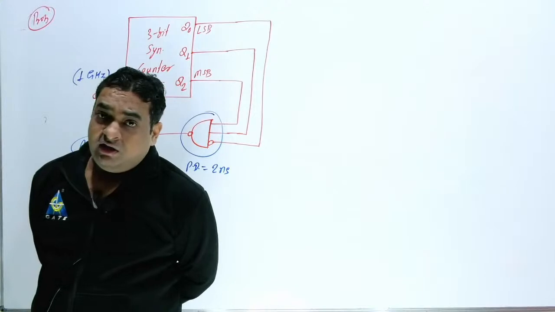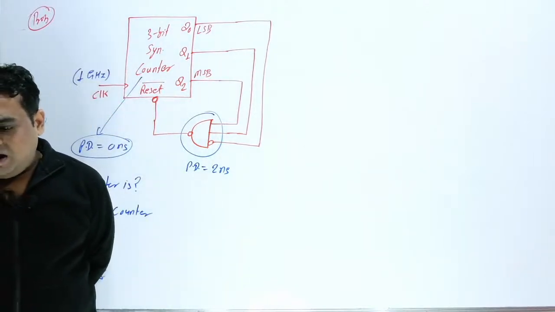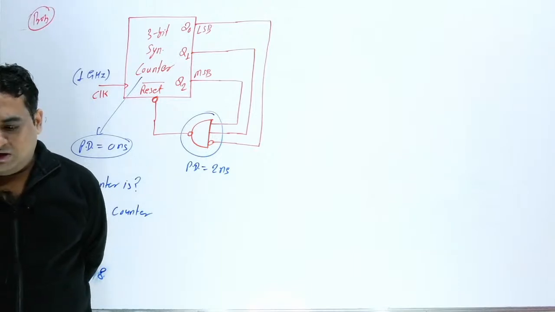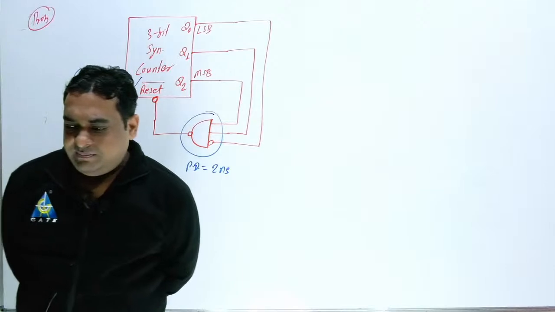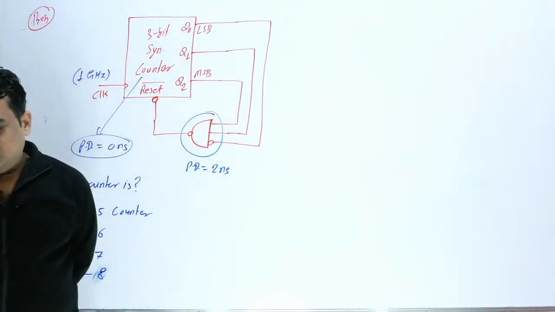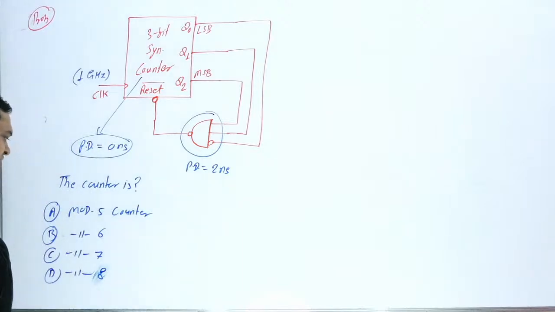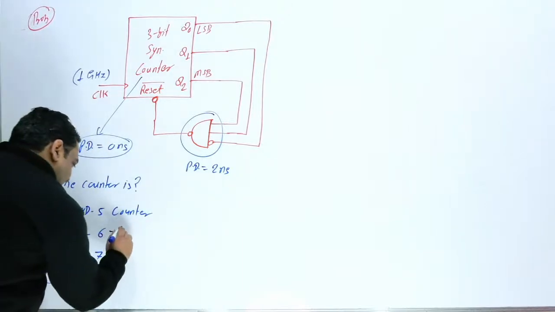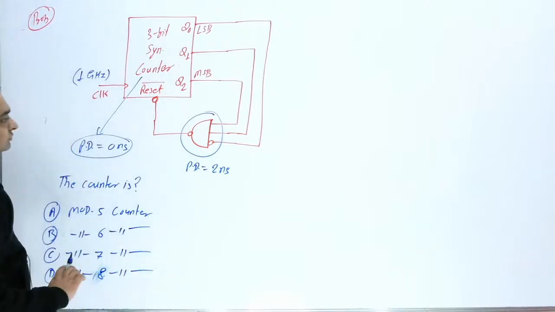I am going to read the exact question. For the circuit shown in the figure, the delay of the bubble NAND gate is 2 nanosecond and that of the counter is assumed to be 0. If the clock frequency is 1 gigahertz, then the counter behaves as a mod 5 counter, mod 6 counter, mod 7 counter or mod 8 counter.